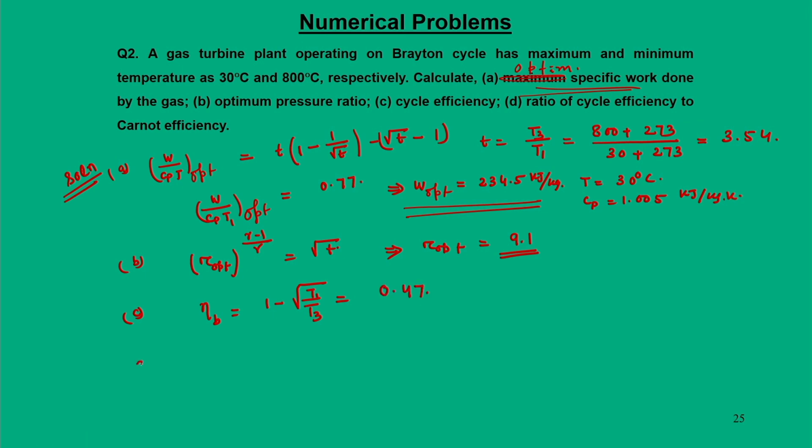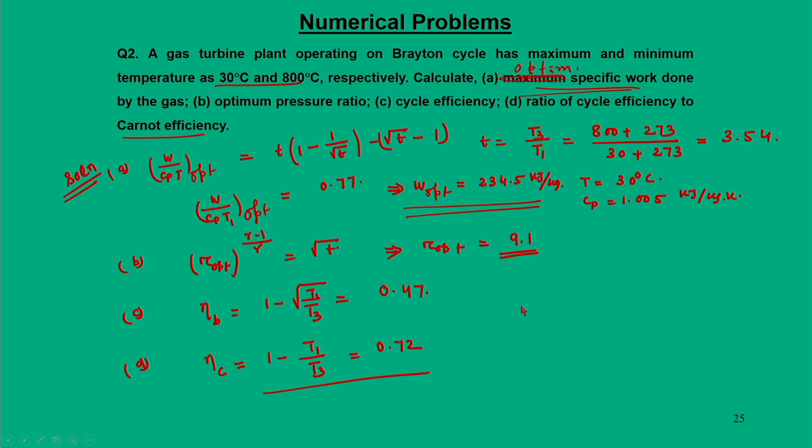Now, the last part we have been asked is to find the Carnot efficiency. Recall that if you take the Carnot efficiency between these two temperature limits, it will be 1 minus T1 by T3, and this number is 0.72.